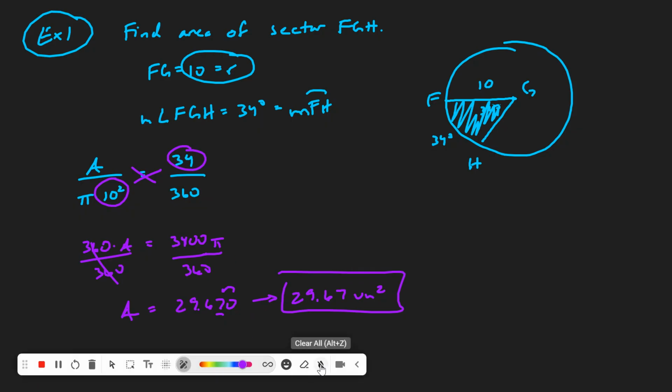Okay, and then let's do another example. So this is example 2. Now we want to find the length of IJ, segment IJ. Here's the picture.